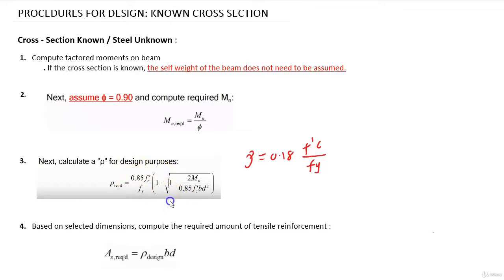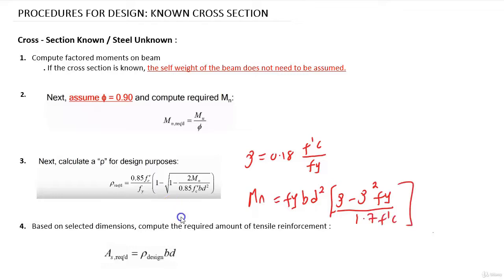The rho value is a derived value, and we derive it using the fundamental expression of beam capacity. Mn, the nominal moment required, is equal to fy multiplied by b d squared, multiplied by rho minus rho squared multiplied by fy, divided by 1.7 fc prime.